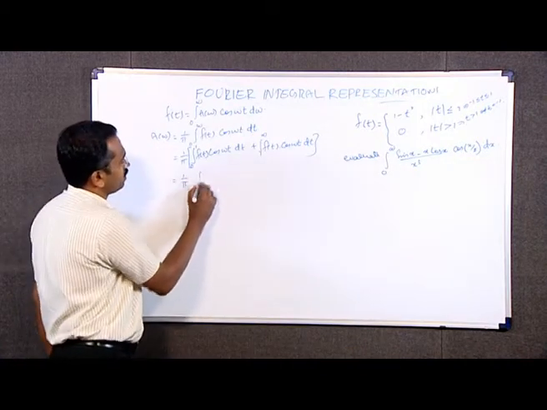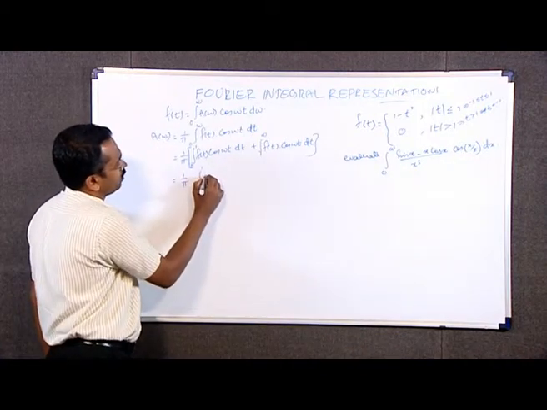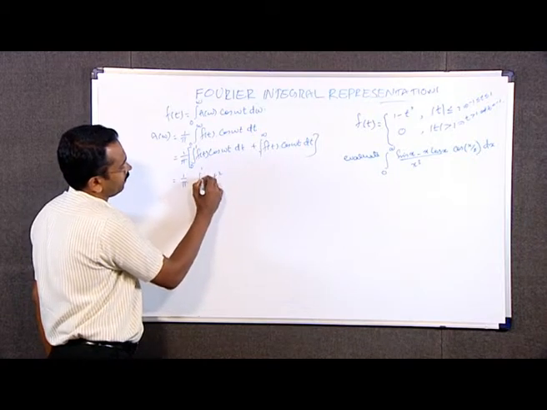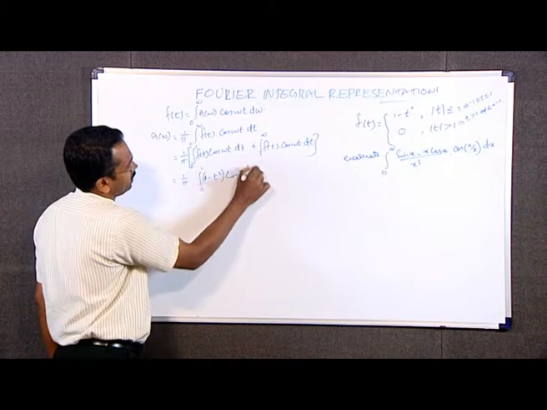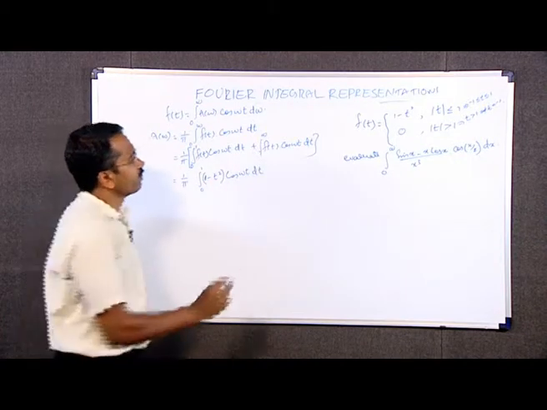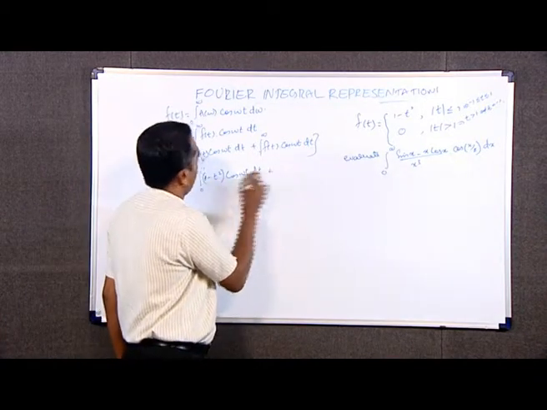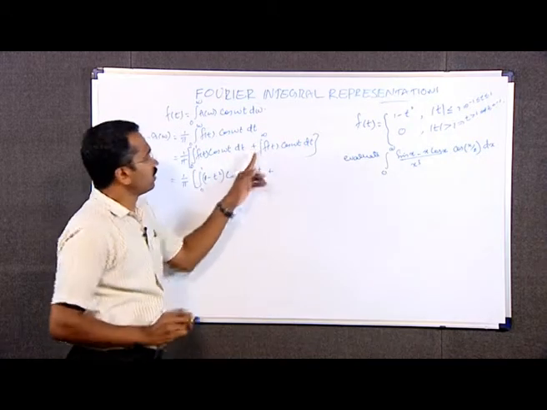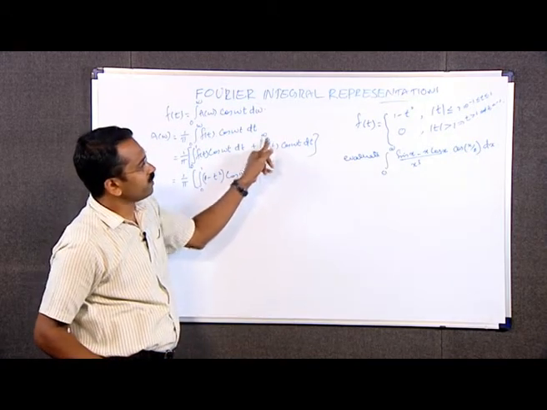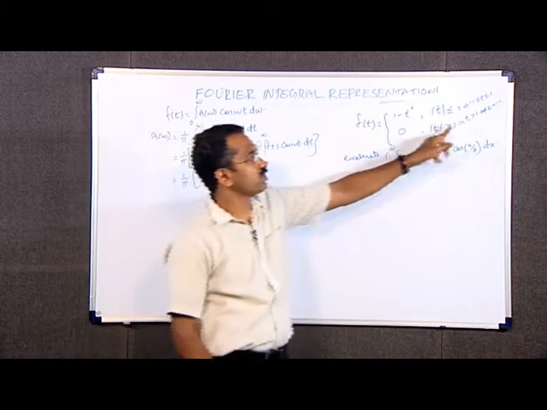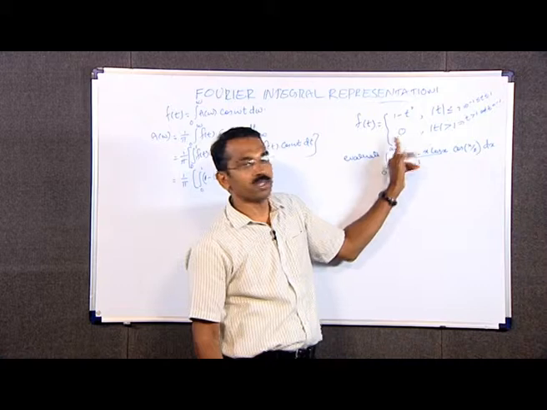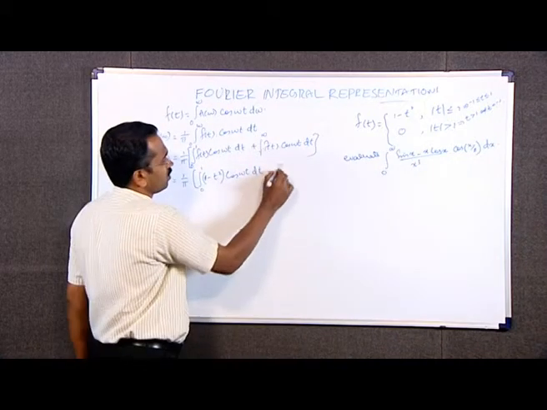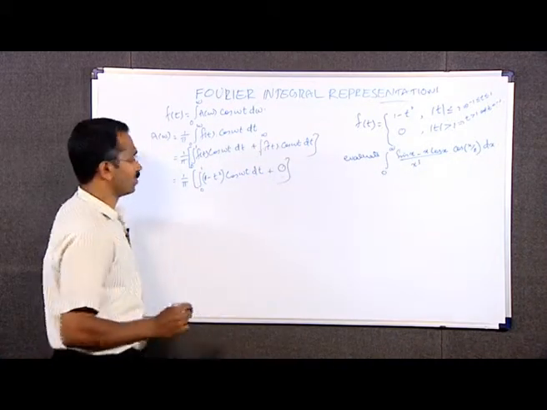Integral from 0 to 1 of 1 minus t square into cos omega t dt plus, here 1 by pi is common, in this case 1 to infinity, which means t greater than 1. In this case, the function is defined as 0. Therefore, the second integral will become 0.